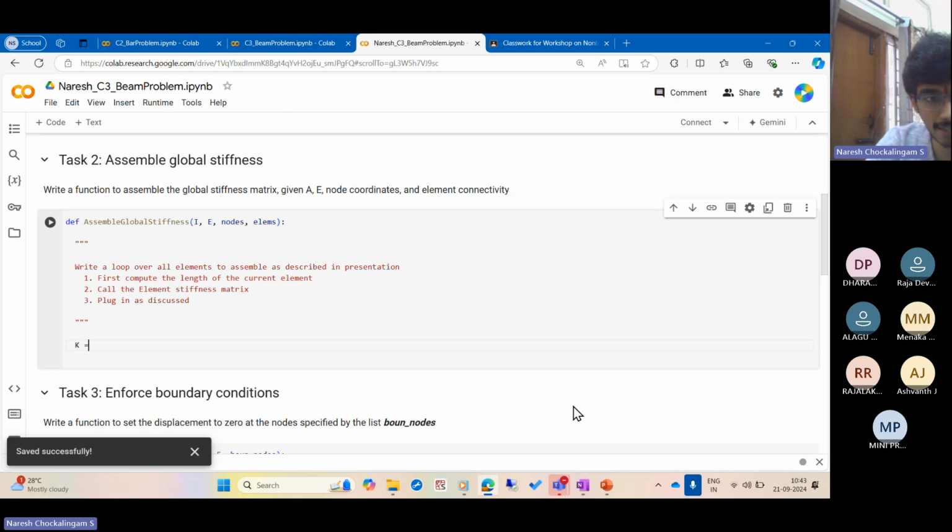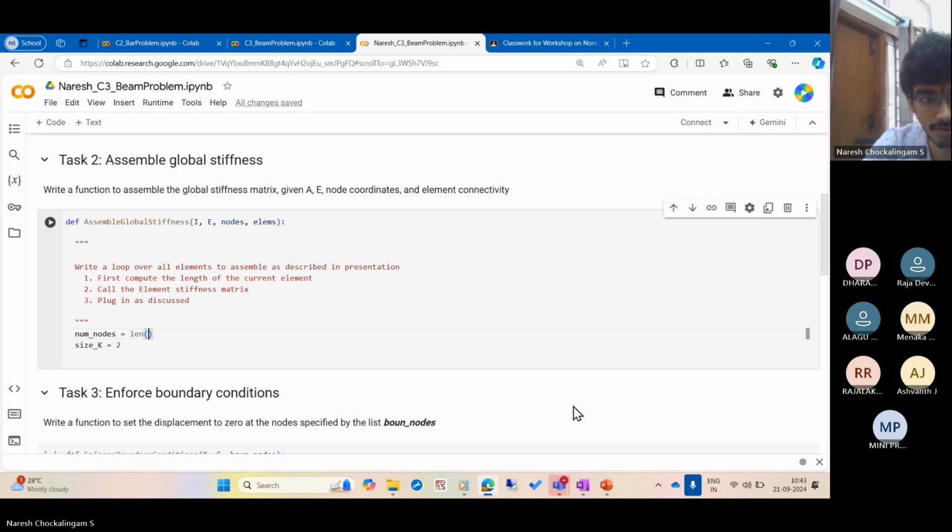Yes, you can say K is equal to, or before even initializing, let us get the size of the matrix. So size K is equal to 2 times the number of nodes. But what is the number of nodes? Let us call that num nodes. Num nodes is equal to what? It is length of what?